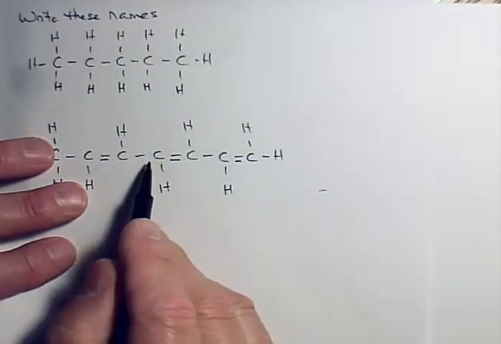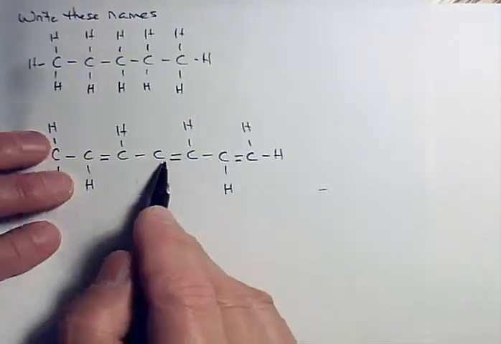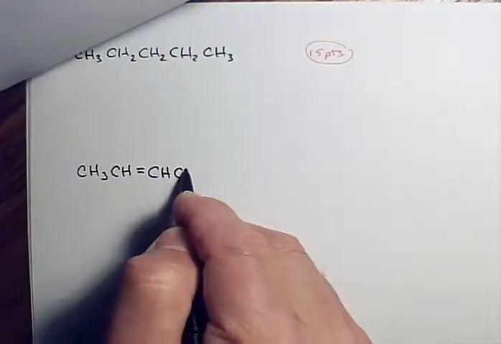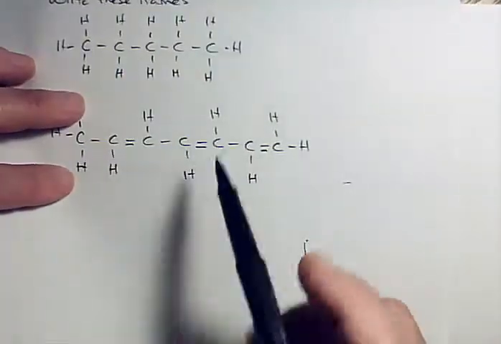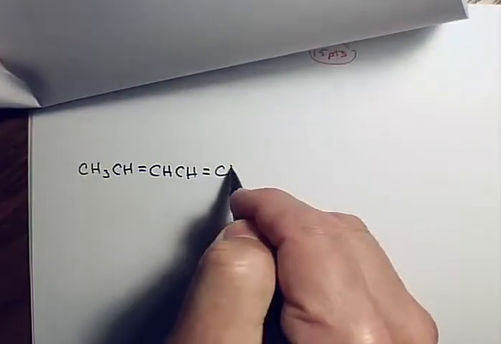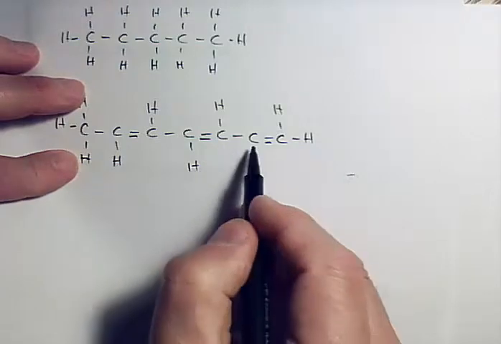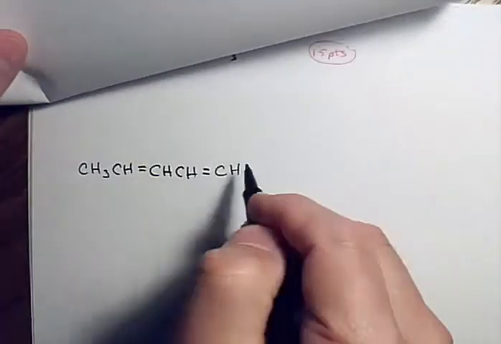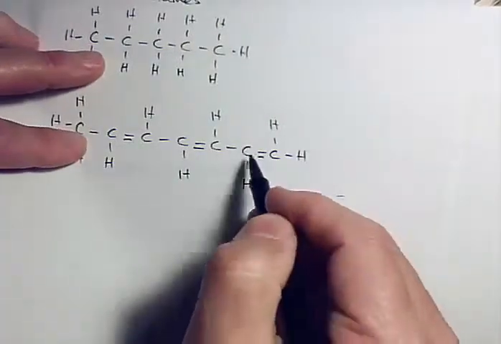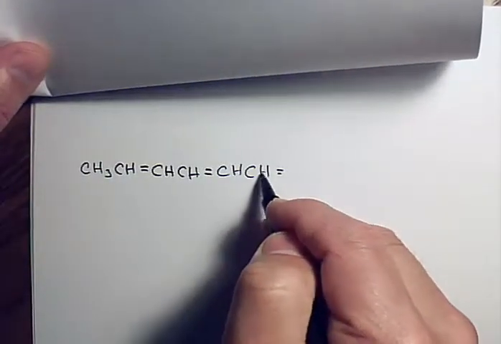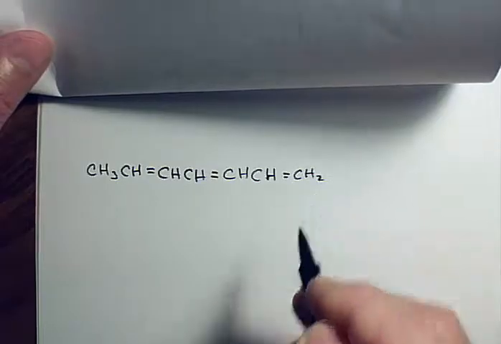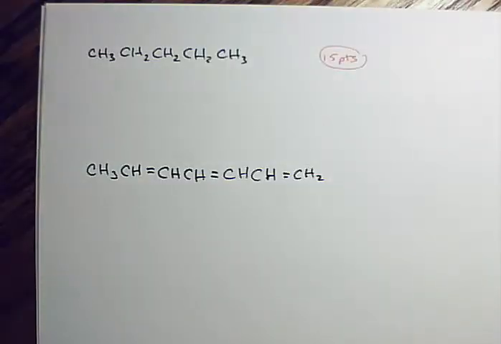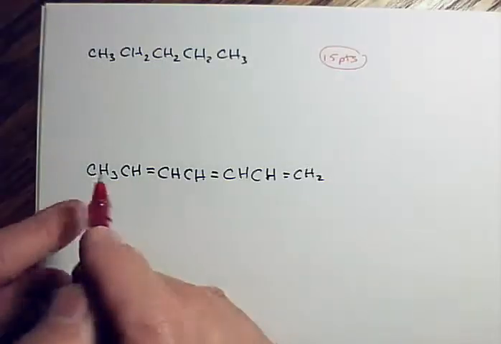Then I've got a single bond. I don't have to show single bonds. I need a CH here. Then another double bond. Another CH. Another single bond, so I just put CH here. Another double bond. Then CH2 on the end. Okay, so that's another condensed structural formula.